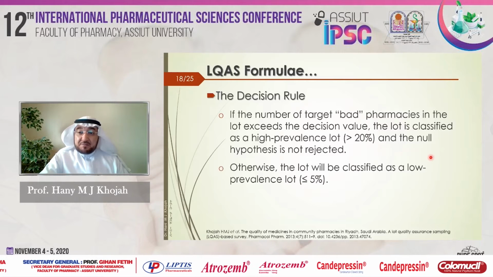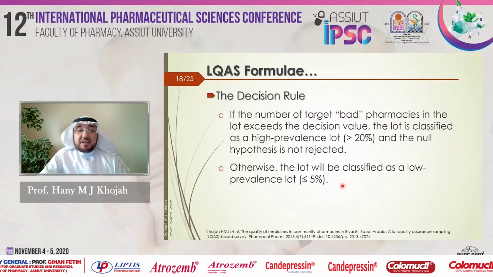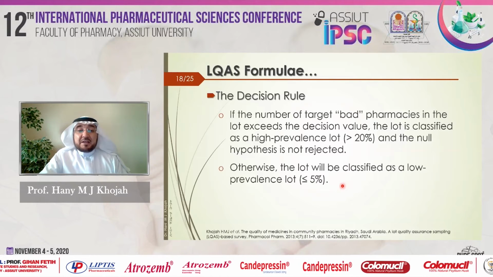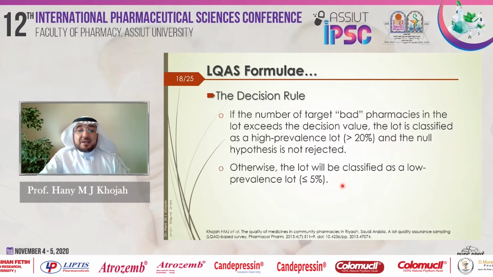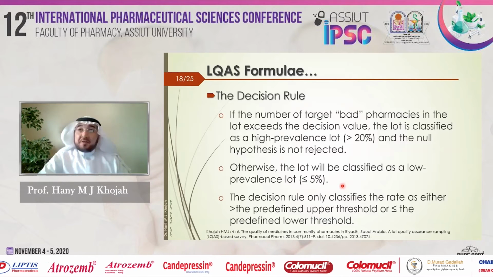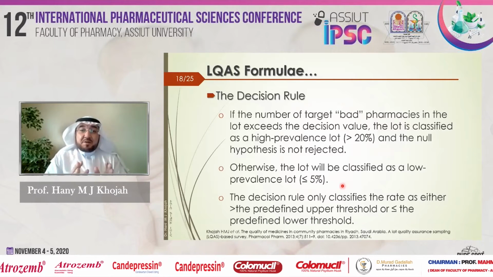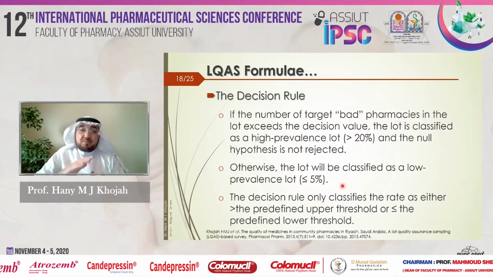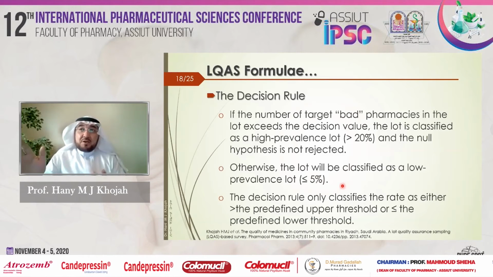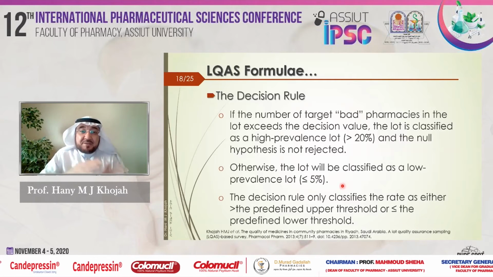Otherwise, if it's not more than 20%, immediately it will mean that the prevalence is below 5%. And actually, this formula just classifies the prevalence as either more than 20% or less than or equal to 5%. It does not classify in between.